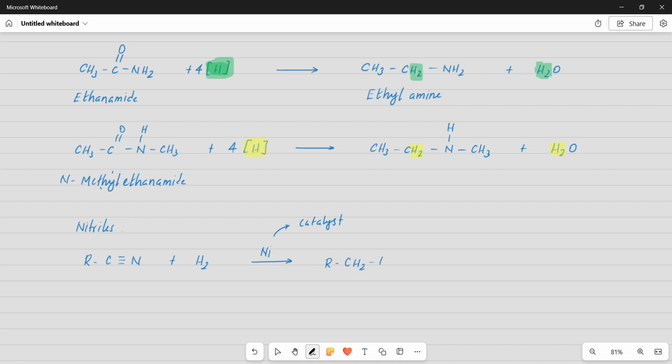You may get RCH2NH2. You are getting a primary amine. The R can be any alkyl group.